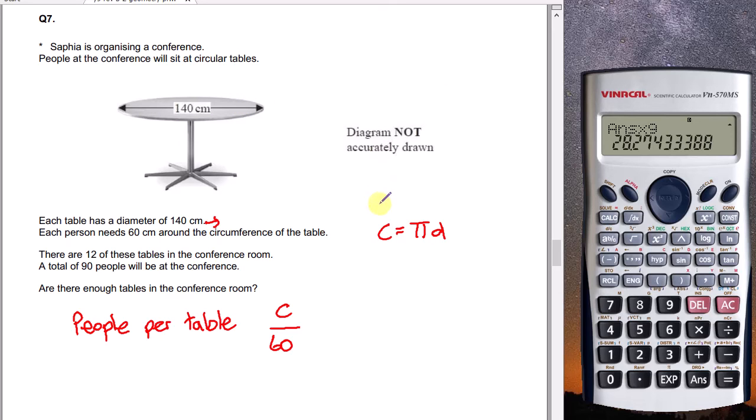So remember the song, pi r squared, sounds like area to me. If I need the circumference, I use pi d. And also remember that diameter is 2 times the radius. There are little notes. So C in this case is 3 times 140, which is going to be 420.